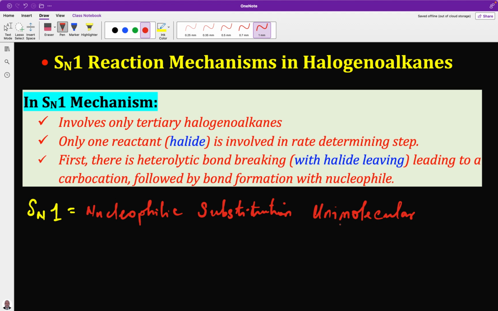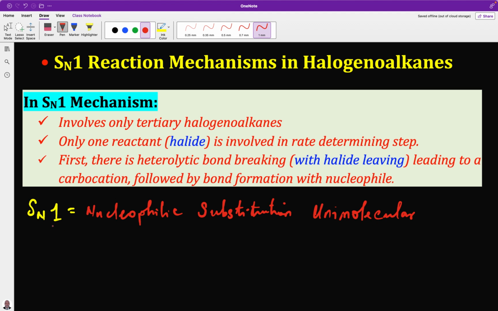So N stands for nucleophilic, S stands for substitution, and unimolecular stands for the number of reacting species, only one reactant involved in the rate determining step. If it was SN2, we would say nucleophilic substitution bimolecular.